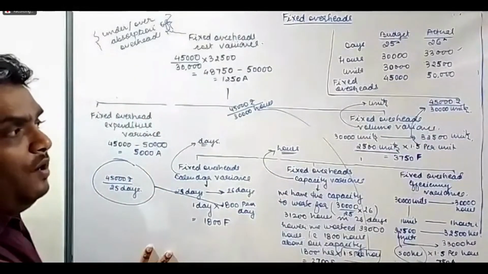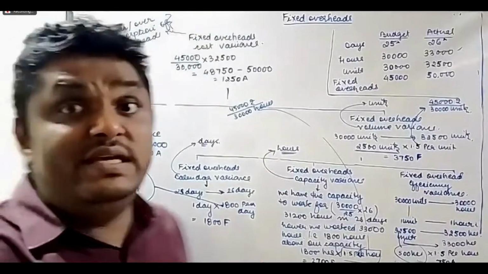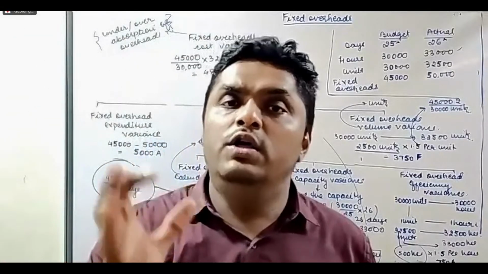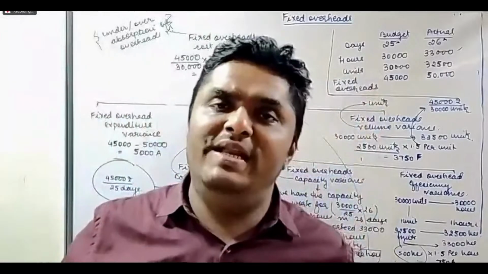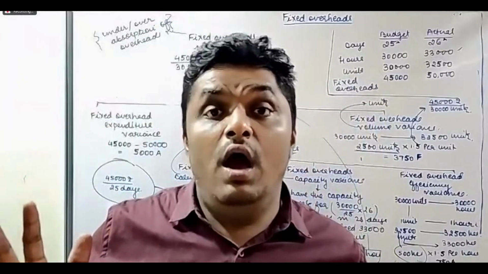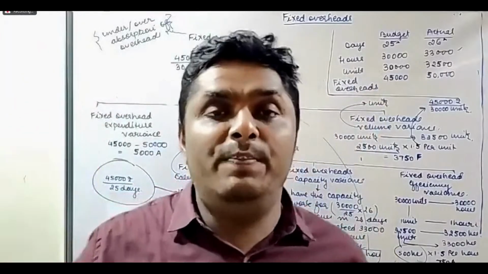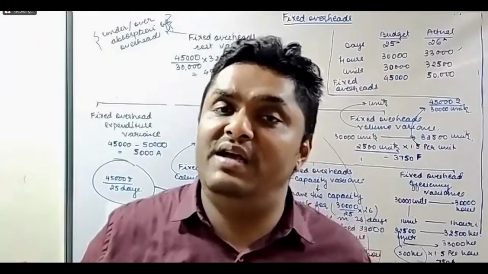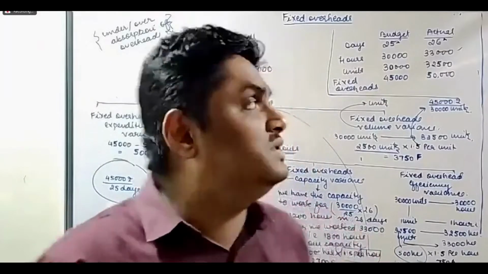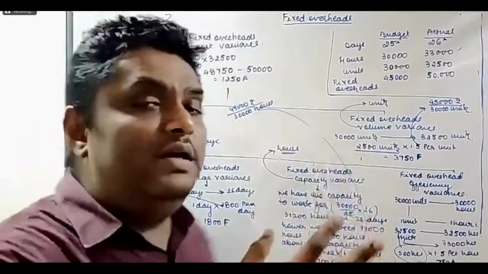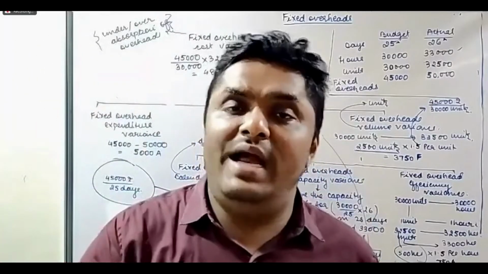Now when talking about volume variance, the name itself says volume. Volume means what? Units. So the company has set up the target that it will manufacture only 30,000 units. However, my actual production exceeds my budgeted production. That is, we manufactured 2,500 units extra, into the standard rate.